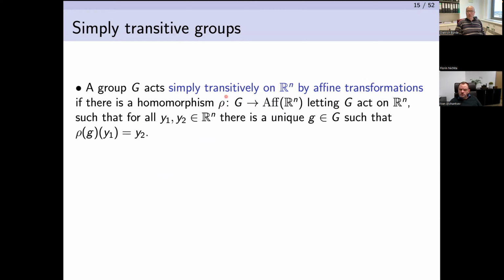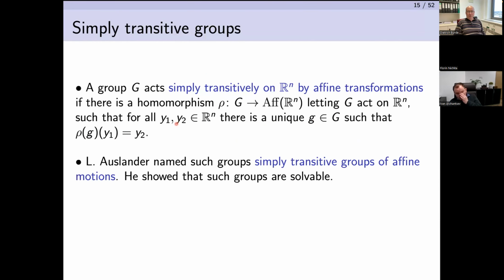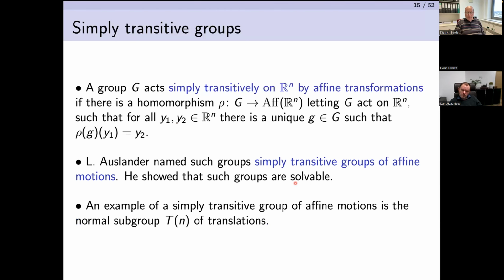Simply transitively, or sharply transitively, means there's a unique g such that rho(g) y1 is y2, for all given y1, y2. This goes back to Louis Auslander, who named such groups simply transitive groups of affine motions. And he showed, using standard theory of Lie groups, that they are solvable. So this is, again, an already quite strong structural restriction on such groups.